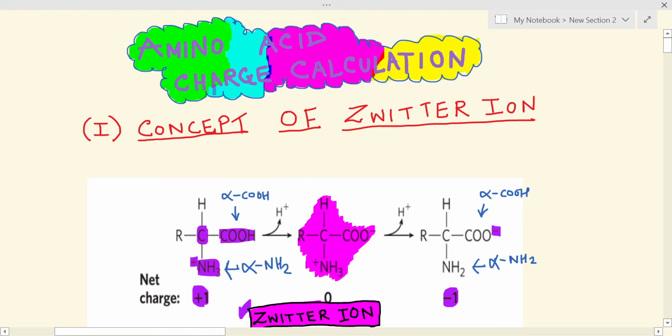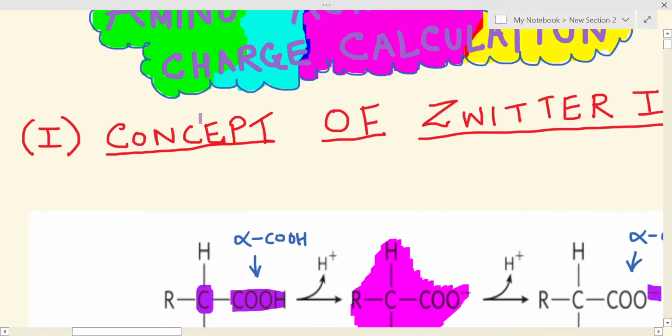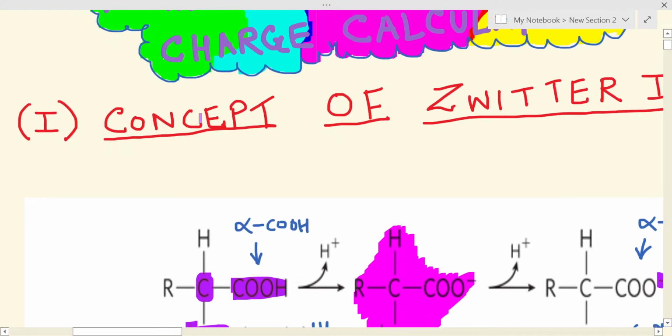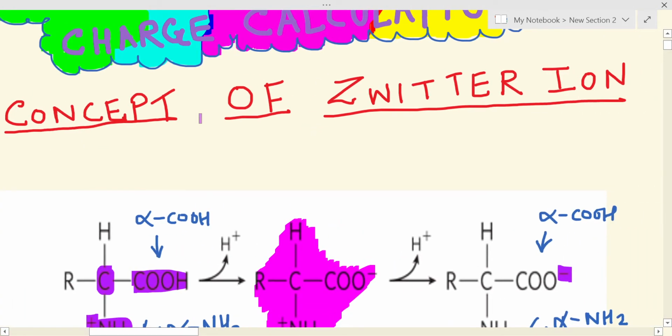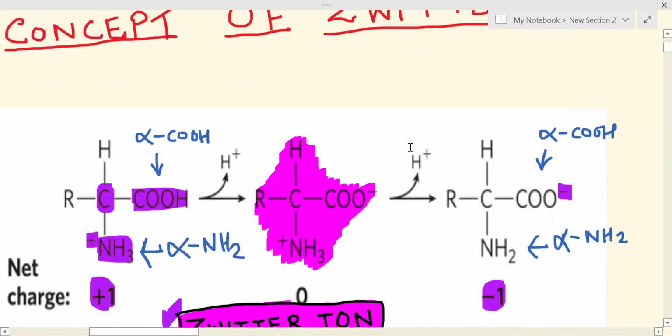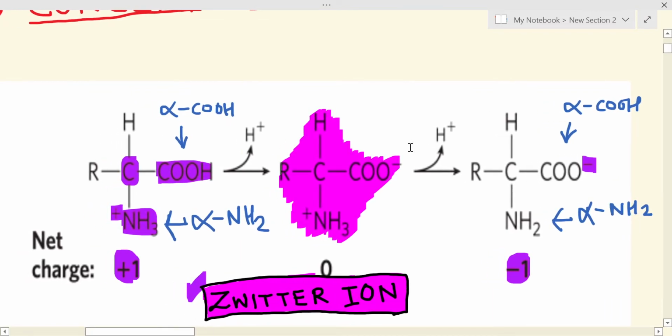So before calculating amino acid charge, it is important to understand a few concepts. First, what is a zwitter ion? As you can see, this is an amino acid and this is the alpha carbon.